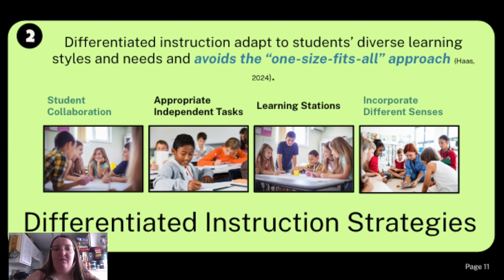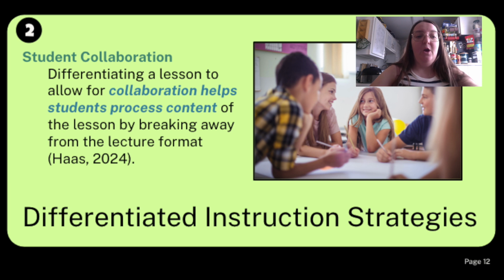Lots of us talk about using learning stations, which is a very popular form of differentiation. And incorporating different senses is also something we want to consider just to appeal to those different styles of learners. We will be focusing mainly on student collaboration and senses today, since I know that these are mainly newer topics for those of you coming in today.